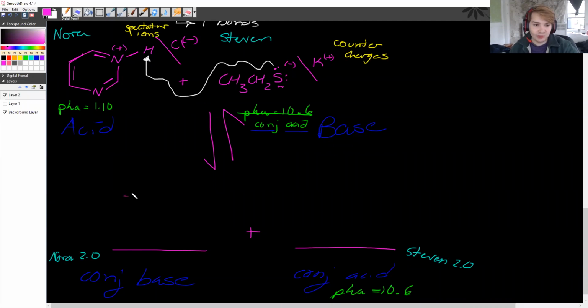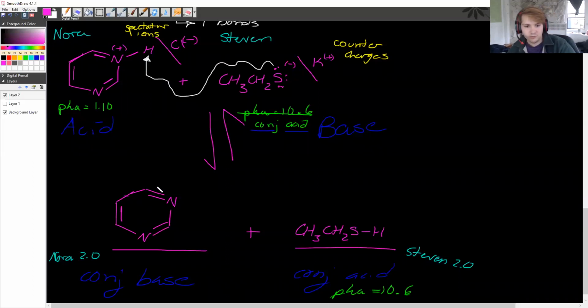And so what we can do is redraw our two structures. Boom. So we have our two structures that show the proton transfer that happened.